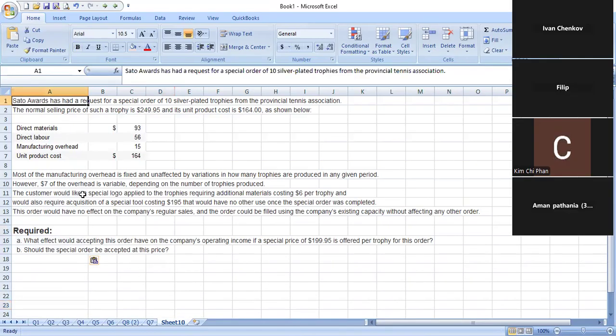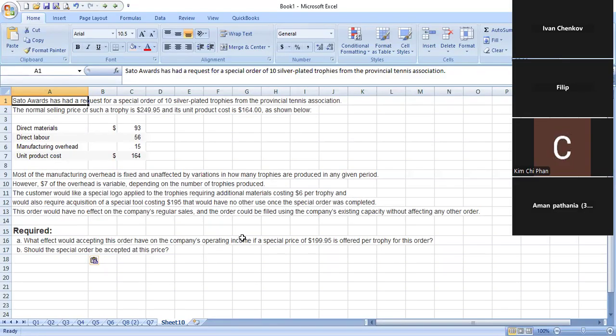Now, this company, Sato Awards, has been requested for a special order. I told you you're going to have a special order question on your final exam. The decision rule is: as long as the special order increases company profitability or adds to the income of the company, go for it.